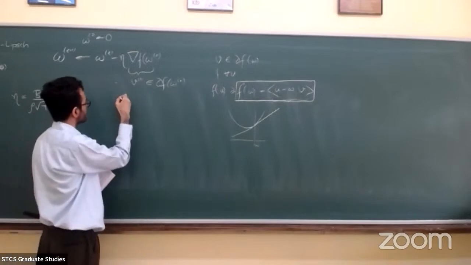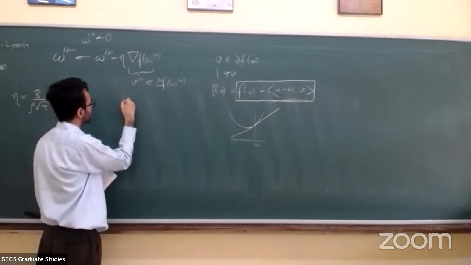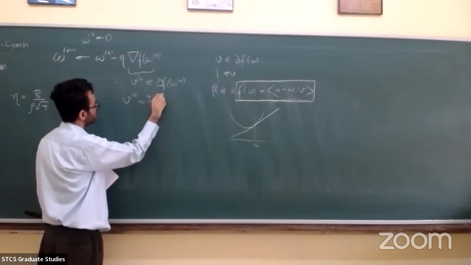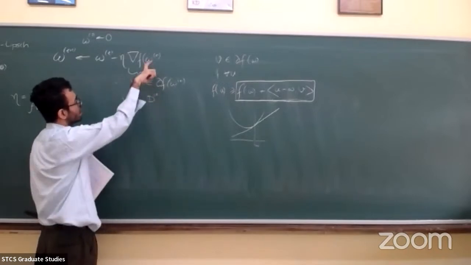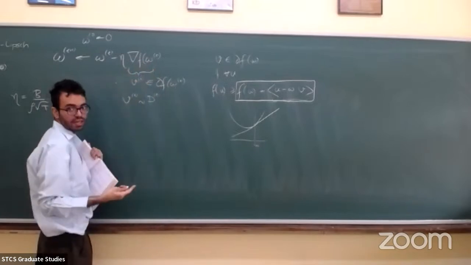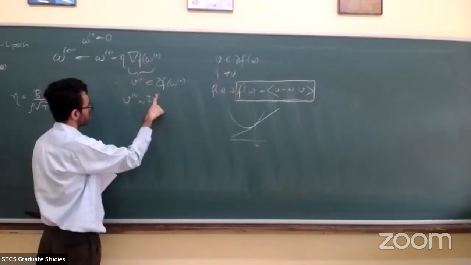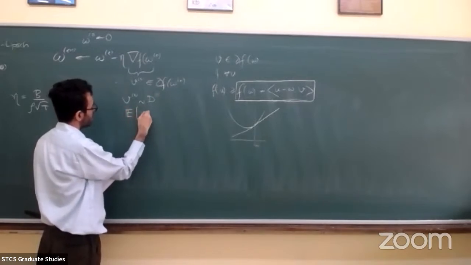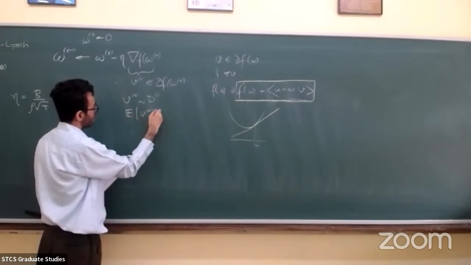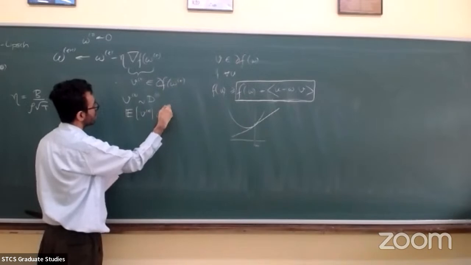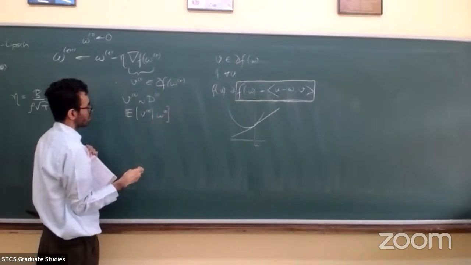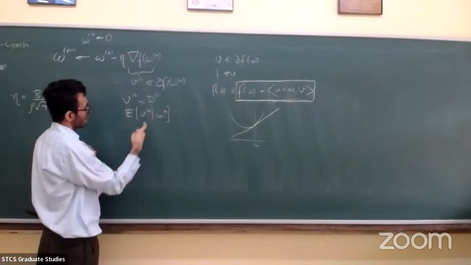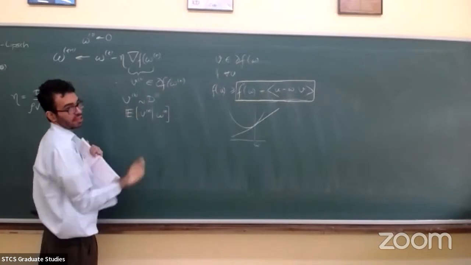So all I need is to sample V_t from some distribution D_t, and this D_t depends only on W_t. So you want that the expectation of V_t given W_t, for fixed W_t, should lie in the subgradient.